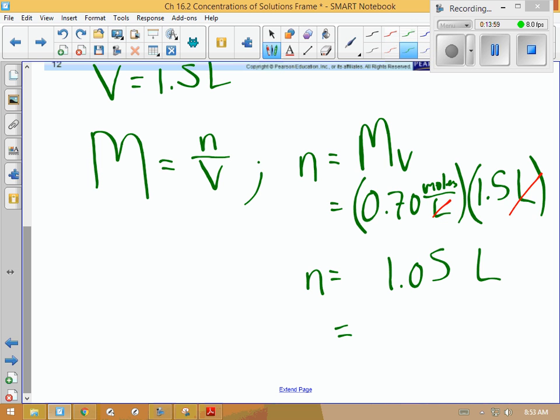How many significant figures here? 2. How many here? 2. So this is really 1.1. Oh, not liters. Wait. Liters canceled. This is moles. Moles of sodium, what do we say? Hypochlorite.